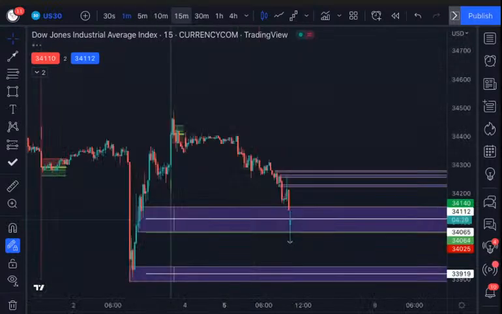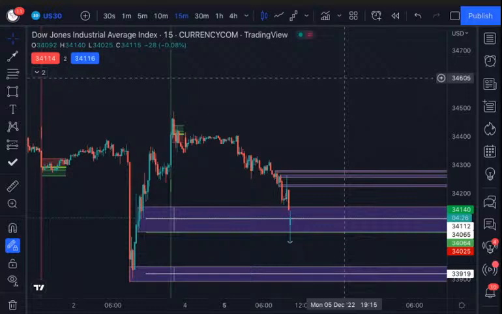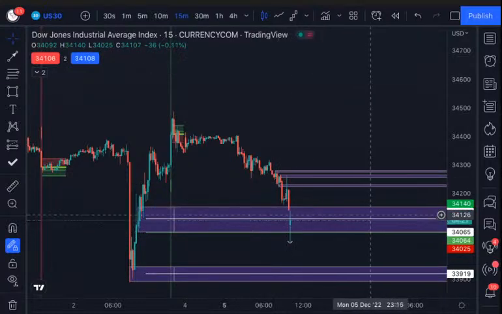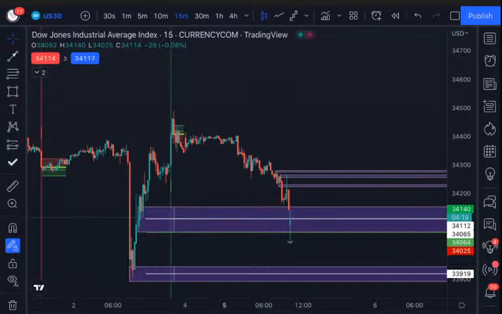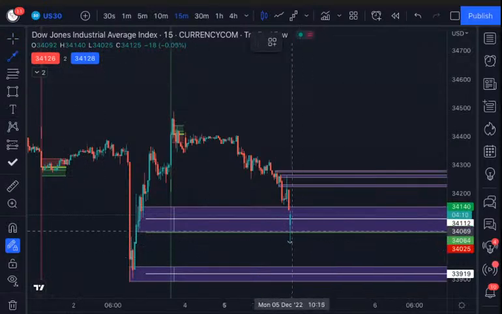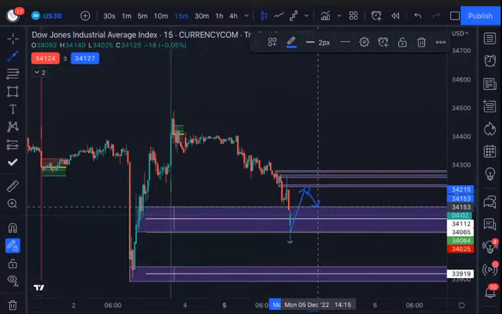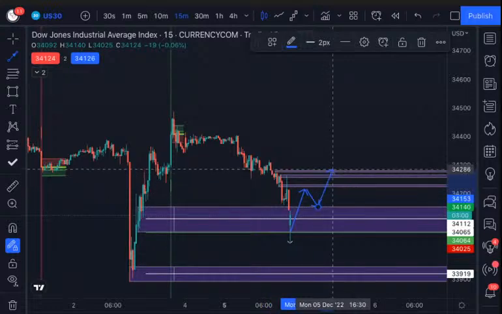Boom, let's go to the 15-minute. We have these levels, 3460 all the way up here. That could possibly be our target for this retracement if the price holds right there. What I'm looking for is price to break up, find some support, and break up again.